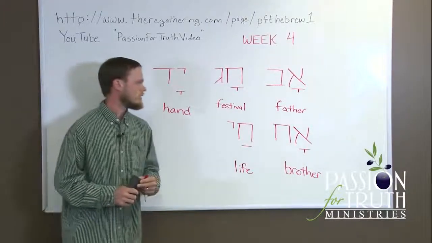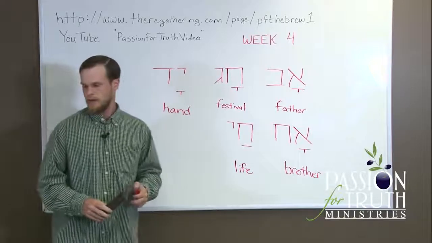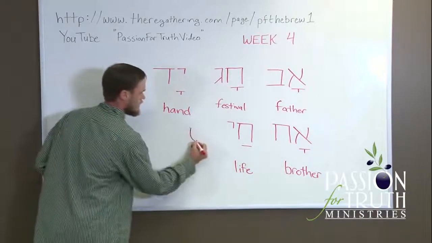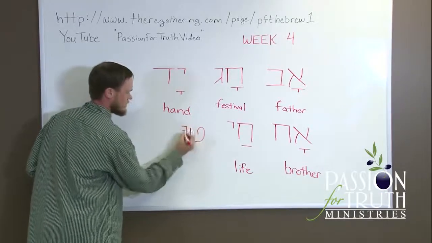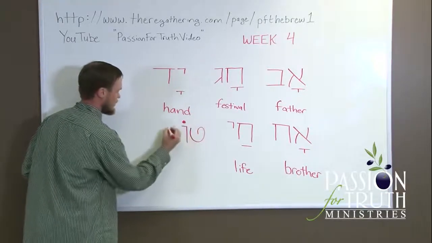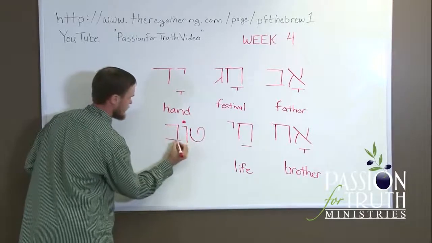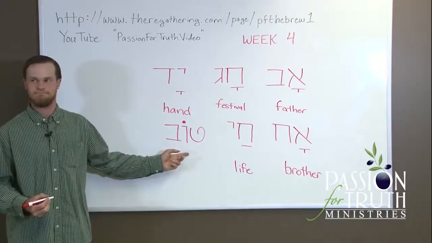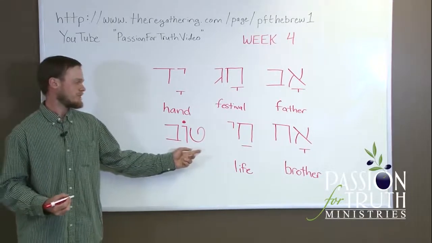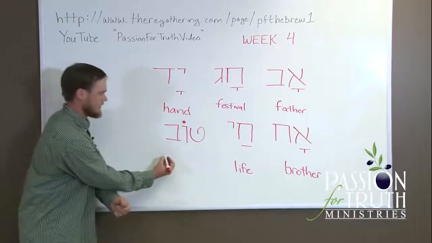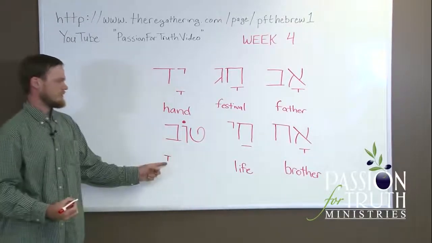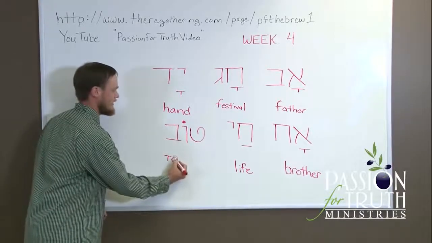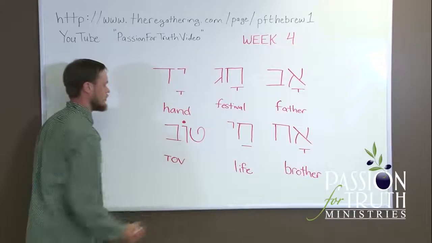Okay. I'll go over one more word first. This is a tet, followed by a vav with a cholam, followed by a bet with no dagesh. How would we pronounce this? The tet makes the sound of T, right? Tov. Cholam is long O. Tov.